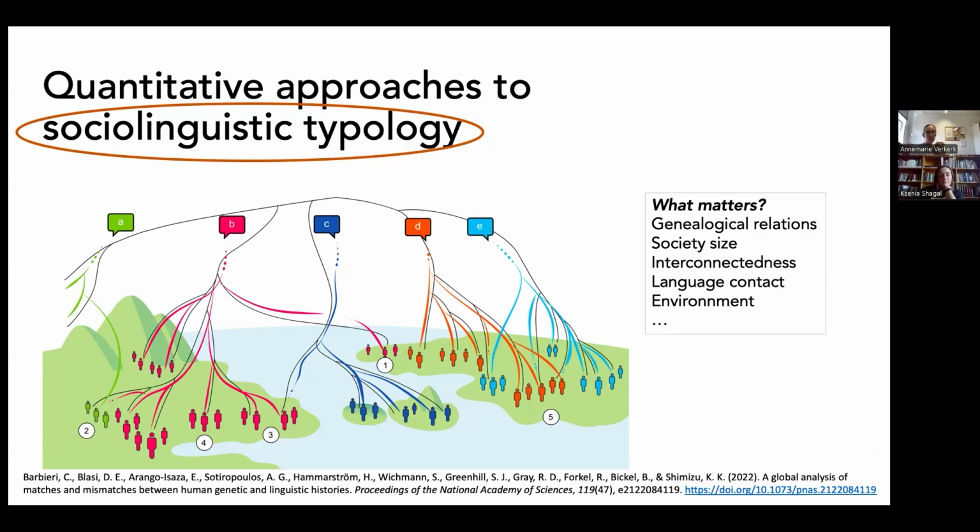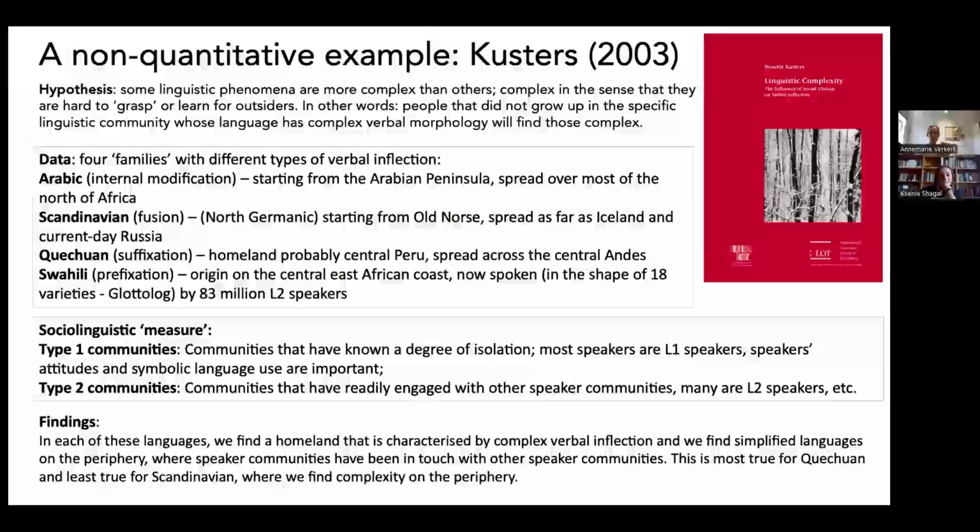So we're going to take a non-quantitative example that I hope that you guys haven't talked about before, and then we're going to move to more quantitative stuff. So the non-quantitative example, and here you have an example, also a very, very, very verbose slide, but it's good. Anyway, the non-quantitative example is Kusters 2003, who investigated different, let's say, language families of a kind of more shallow type than we might suspect for some cases, where he investigates the hypothesis that some linguistic phenomena are more complex than others.